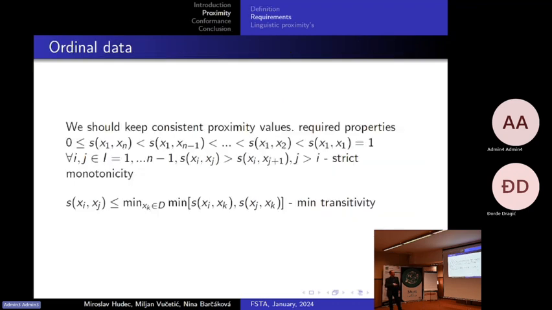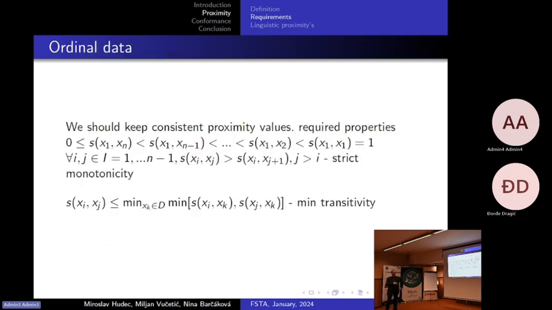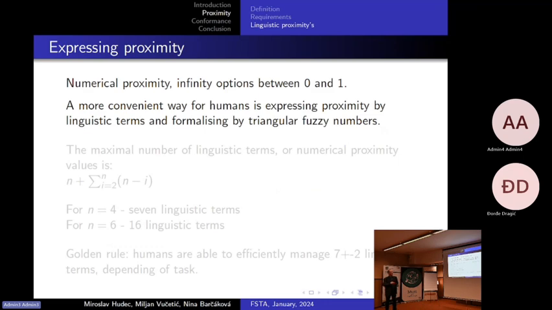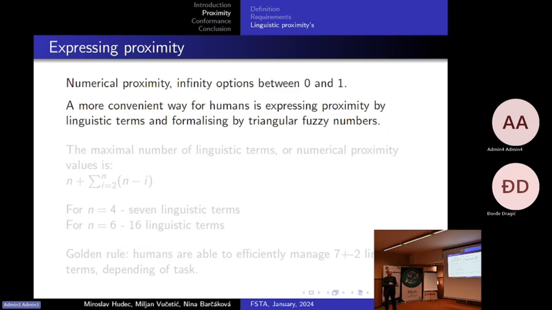So this was the first part. Generally, when we have numerical proximity, we have infinite options between 0 and 1. But when we apply linguistic proximity values, because numerical values are quite hard for people to assign, we could go to linguistic terms.